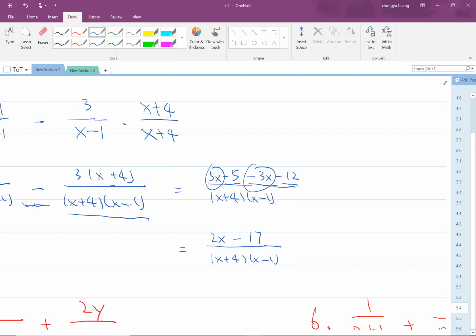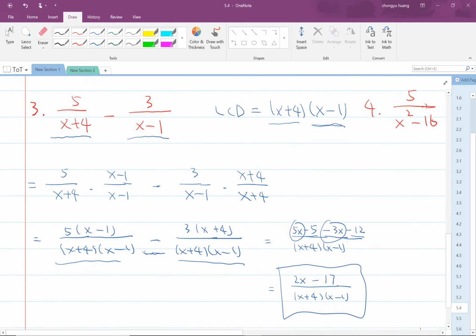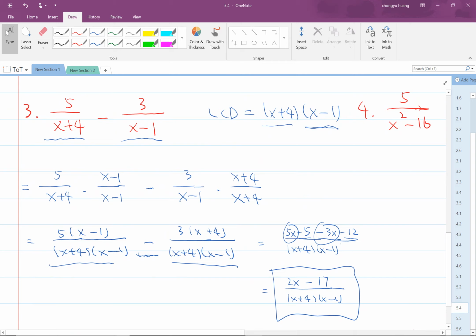Is there any way you can simplify more? You think for a moment, and the answer is no. There's nothing you can factor out anymore. So this is the solution for question 3.